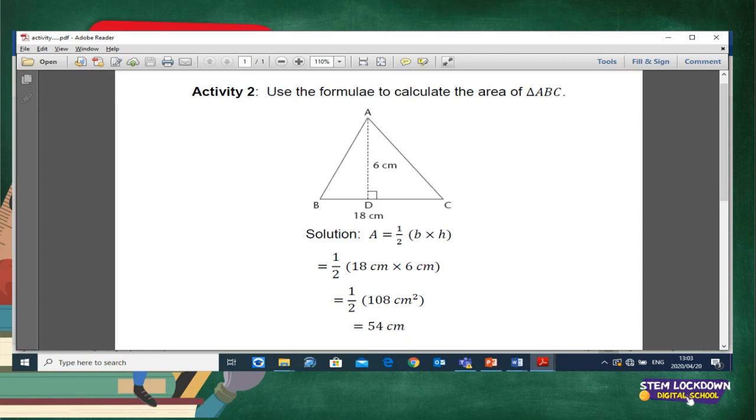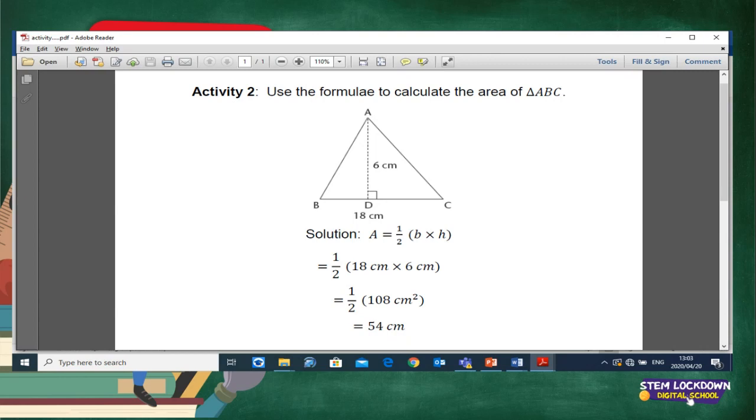And of course, this will be half of 18 multiplied by 6. 18 times 6 gives you 108 square centimeters, divided by 2 will give you 54. So the area of triangle ABC will be 54 square centimeters.